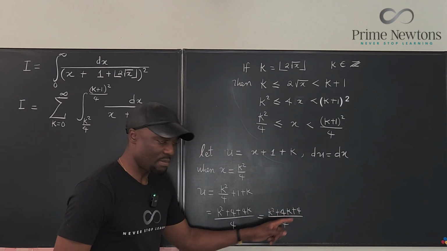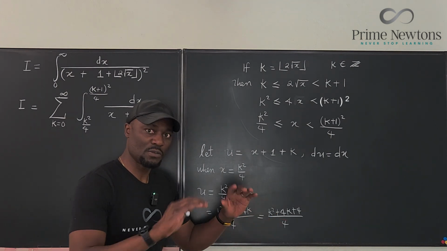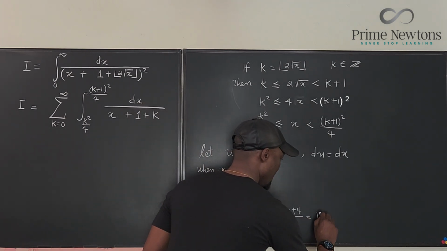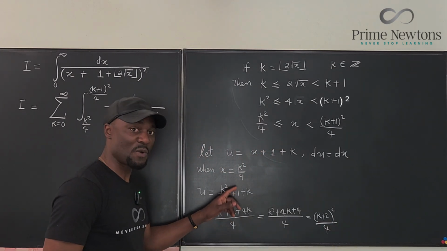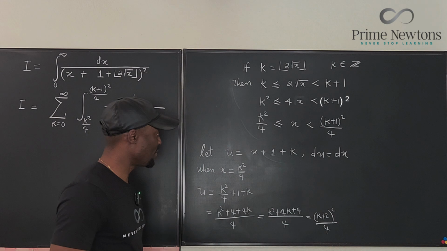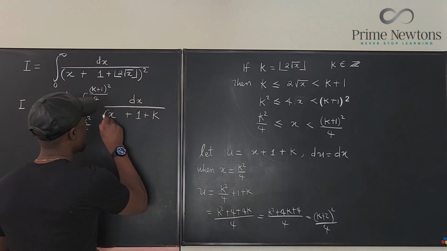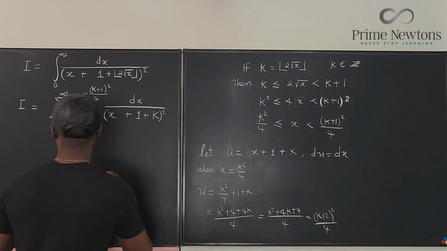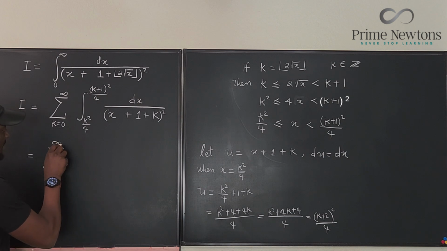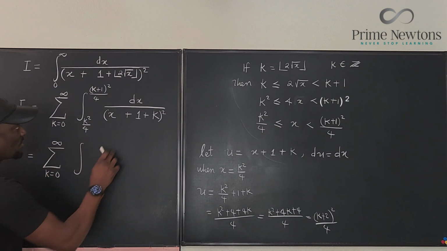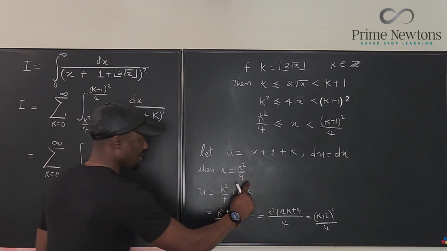This is a perfect square. That's k plus 2 squared. This is k plus 2 squared over 4. So we know now that when we generate a new integral in terms of u, we can say this is equal to the integral from k equals 0 to infinity of, the new integral would be, what's dx?